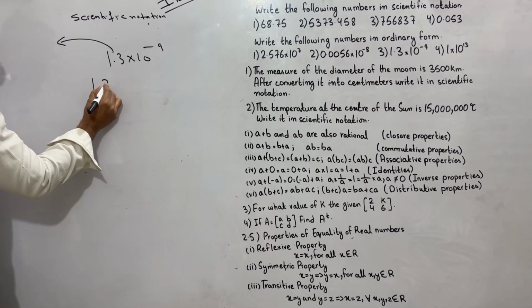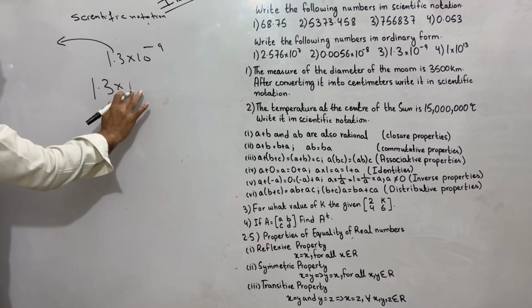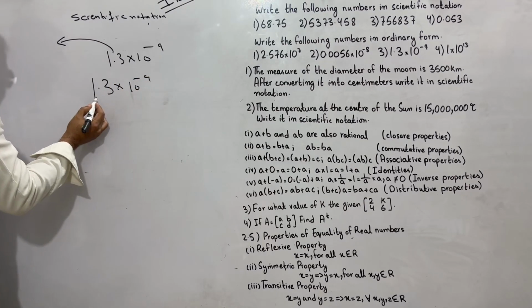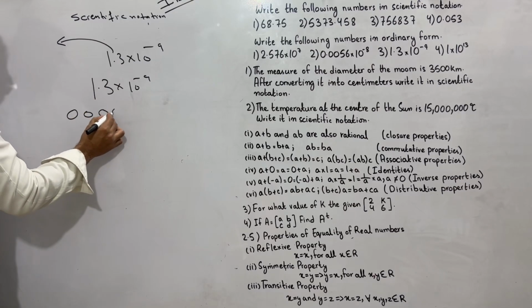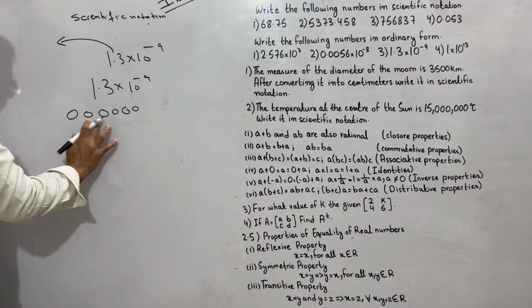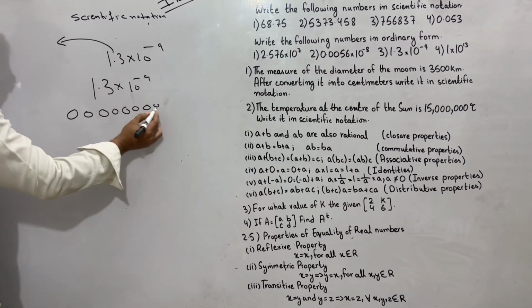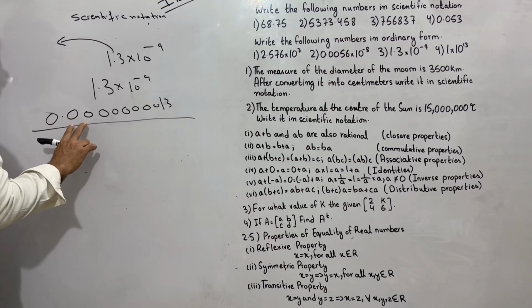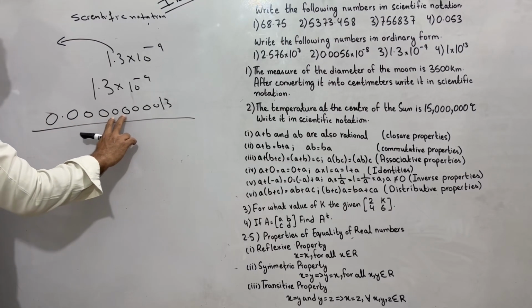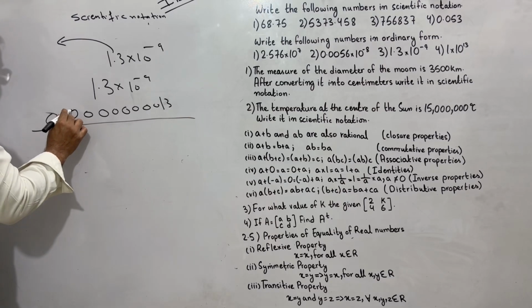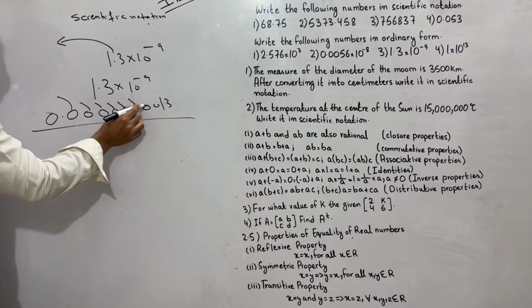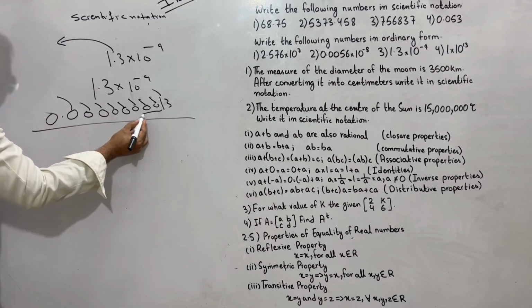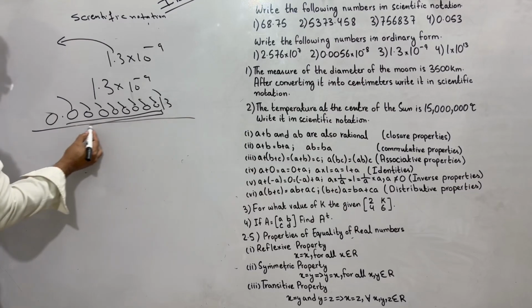Let me write it in simple form, 1.3 divided by 10 raised to 9. Count the digits: 1, 2, 3, 4, 5, 6, 7, 8, 9. 1 is there, and 8 digits we have managed in the form of 0.